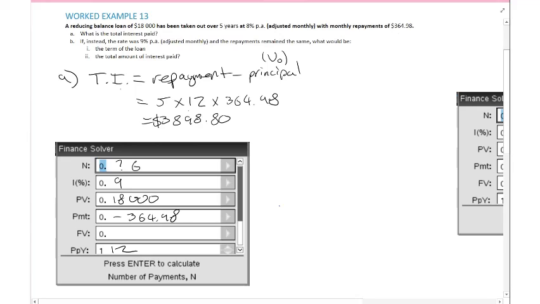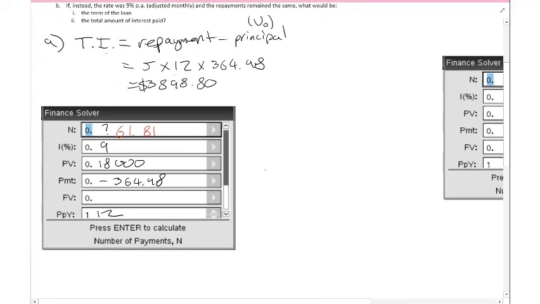So this is going to be B, and the first part of that means this is 61.81, which means 62 months.